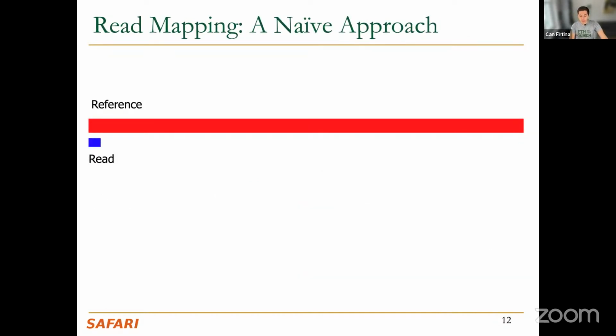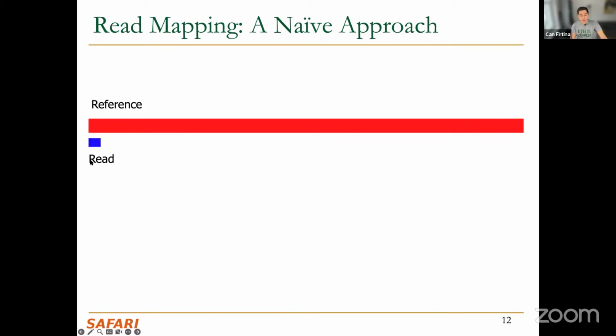And so if you go back to read mapping to a reference genome, we said the reference genome is huge and the read is relatively shorter than the reference genome. So you may assume that this is the entire reference genome, and this is the read. One way to perform a search to identify whether this read aligns to that reference genome, and how and where it aligns, is starting from the very first position of the reference genome, we could try to align every character of that read to that region in the reference genome.